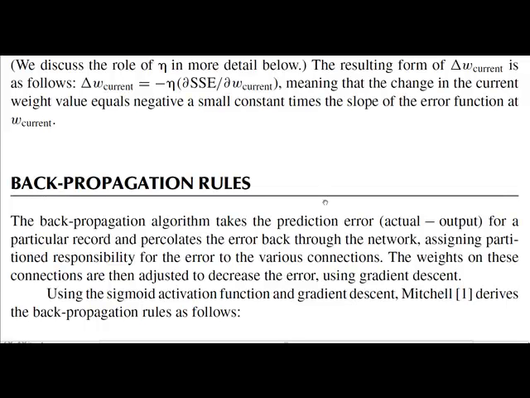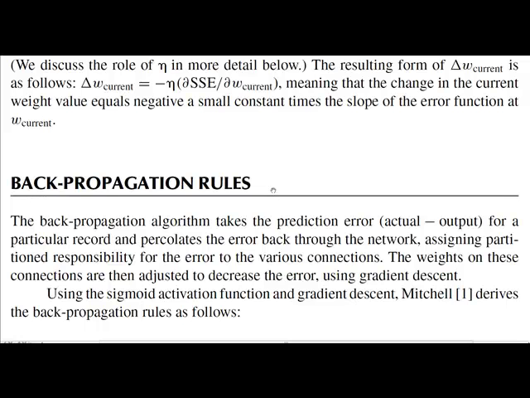Back propagation rules. The back propagation algorithm takes the prediction error, which is the actual minus the output, for a particular record. So we do it for one record, and then we percolate that error back through the network, assigning partitioned responsibility for the error.